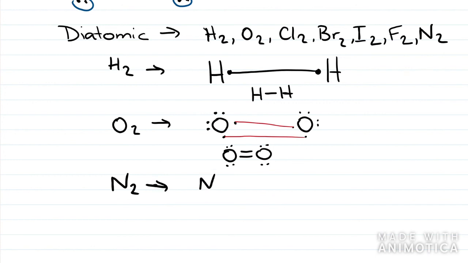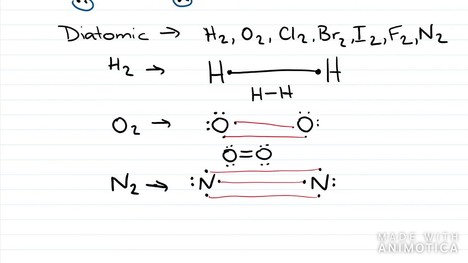So if you look at nitrogen, it's in the 15th group, which means there's 5 electrons in the outer shell, which means I have 3 lone electrons that need bonds, which means how many pairs am I going to share? 1, 2, 3.